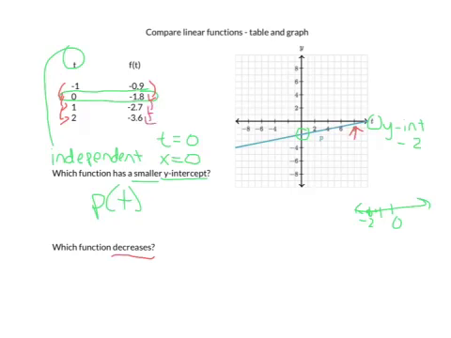So that would mean on our graph, we have -0.9, 0, -1.8, we have 1, -2.7, and 2, -3.6. So if we were to graph, our line would go down, which means decrease. So in this case, f of t decreases.